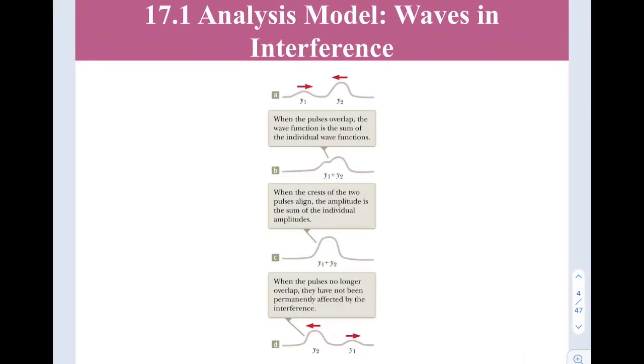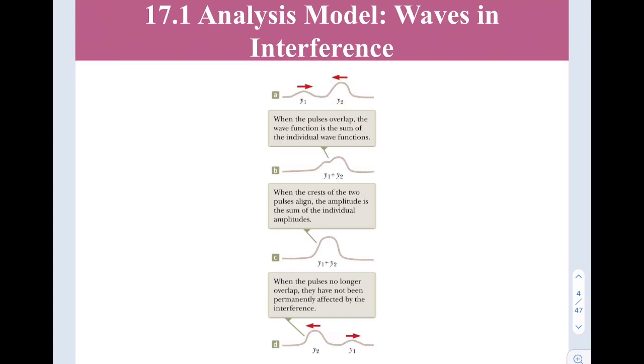In this figure, it is a pictorial representation of a superposition of two pulses moving on the same string. The wave function for the pulse moving to the right is y1, and the wave function for the pulse moving to the left is y2. The pulses have the same speed but different shape. If you refer here, different shape.